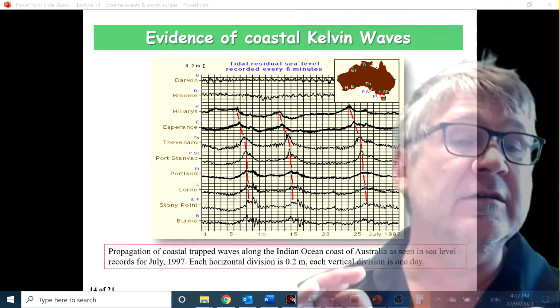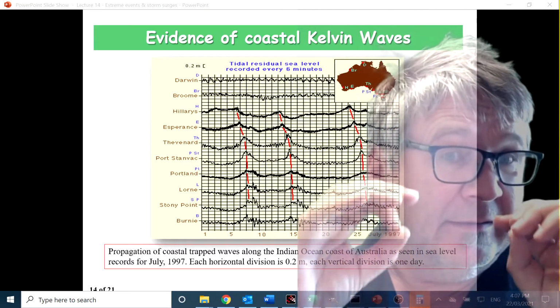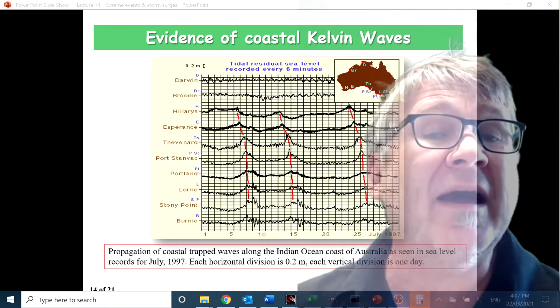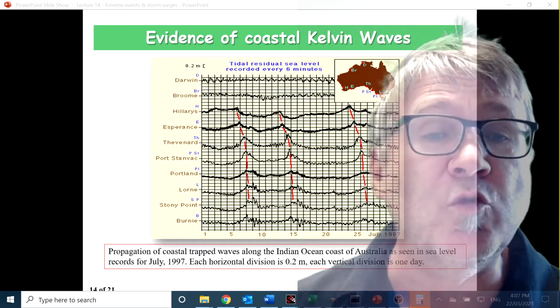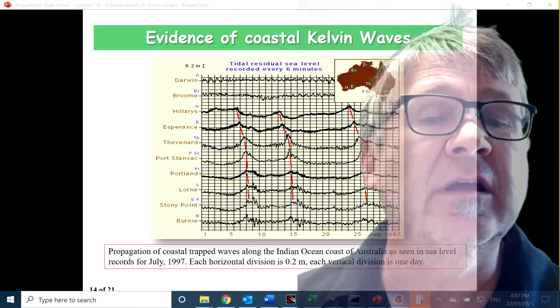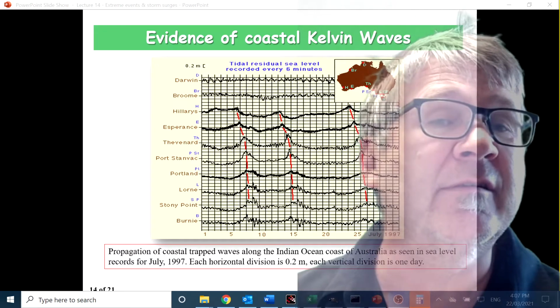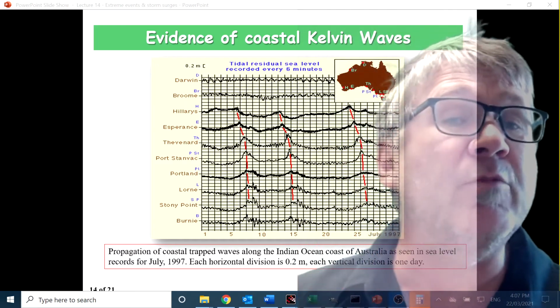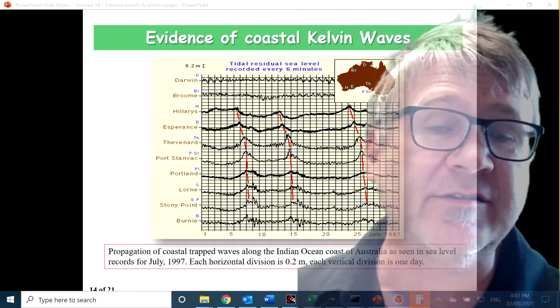What's shown here are time series of sea level whereby the tides have been removed. It's tidal residual sea level recorded every 6 minutes, and there are statistical methods by which you can remove tidal oscillation.